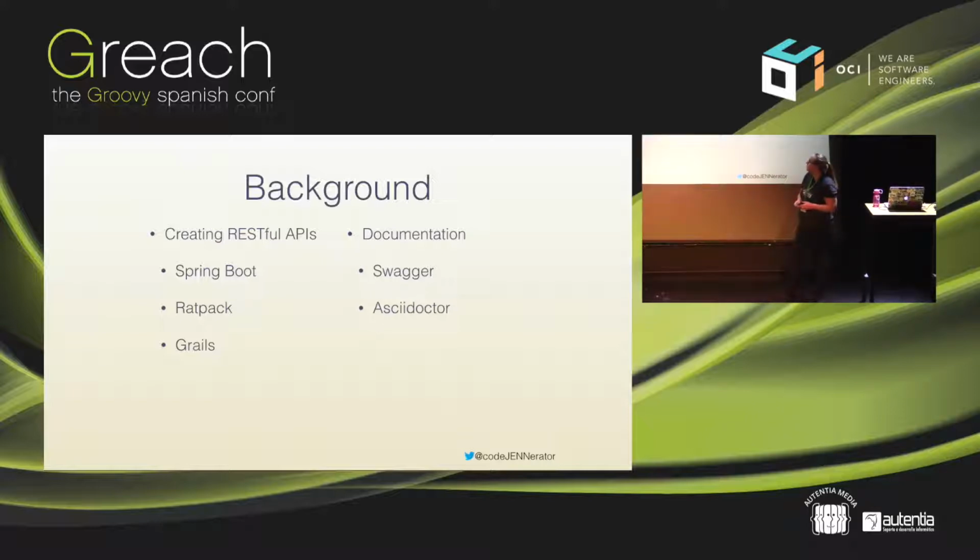And who has used AsciiDoctor, whether for documentation or just at all? Okay, a couple very enthusiastic hands, but there's a few. So I'm going to go through a little bit more about what AsciiDoc and AsciiDoctor are, just for everyone who hasn't used it before.